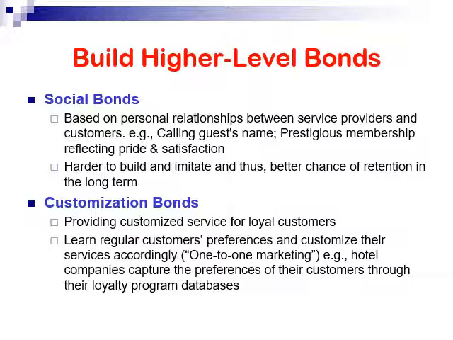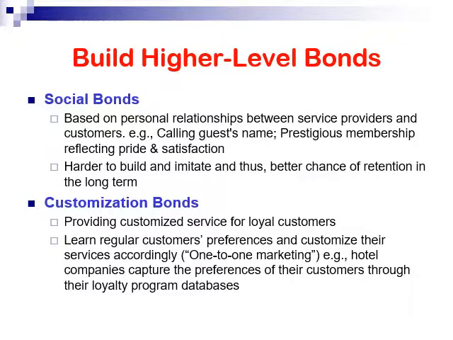For example, hotel companies capture the preference of their customer through their loyalty program database. They have guest history file, so they can identify your needs, your preference before you arrive, before you ask. It's a great customer service.